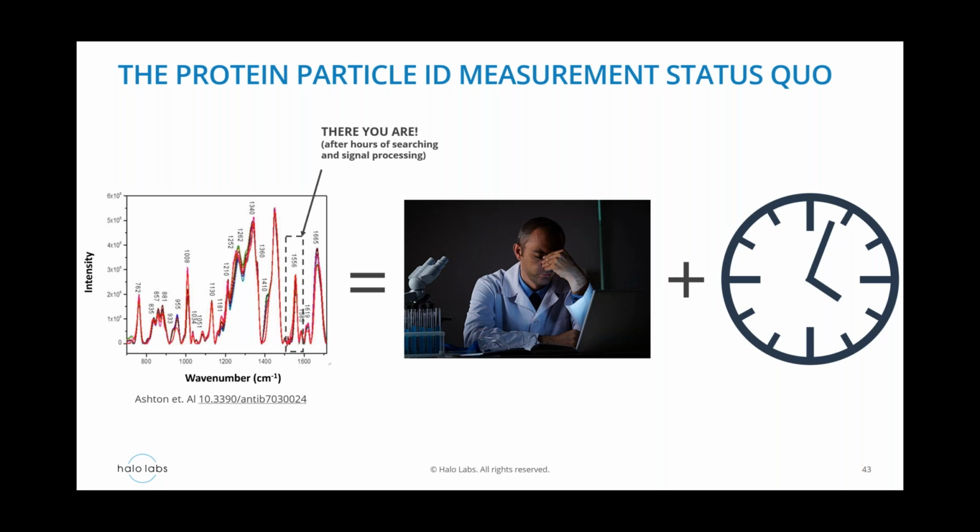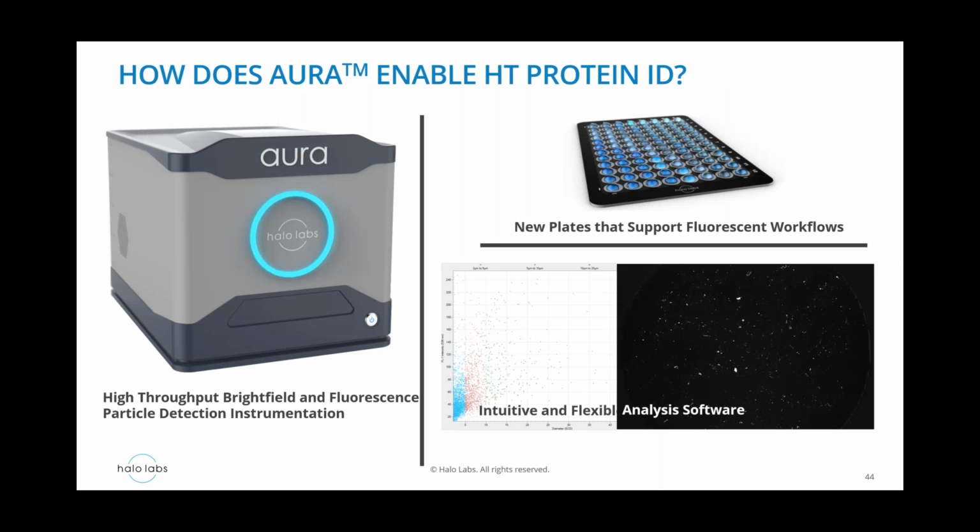So in this case, if you see a 1556 wave number, that means you have an amide-2 bond there, and therefore it's an indicator that the material is probably proteinaceous. So this is painful. I've built Raman systems before, and there are better ways to do this. And that's where we come in. We added the capability of supporting fluorescence in our workflows and basically revamped the software so that it's more intuitive and flexible and supports these workflows in ways that we simply couldn't do before.